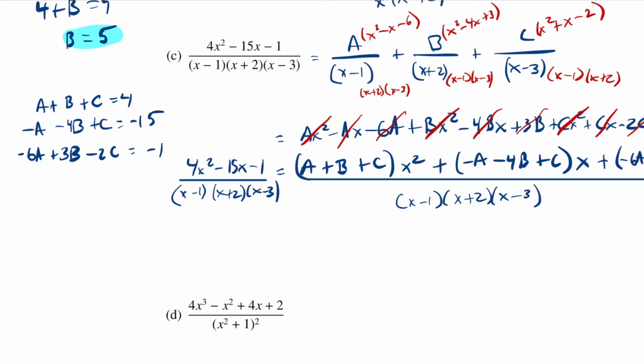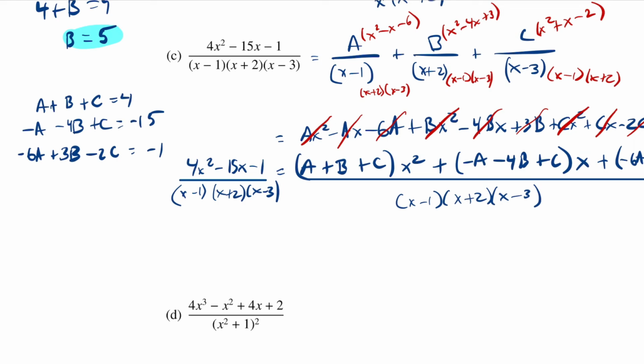All right, so I solved it and I got A equals 2, B equals 3, and C equals negative 1. Those are the three values for A, B, and C once you solve that system.